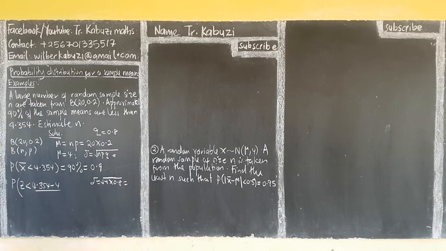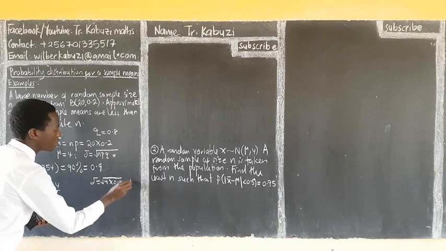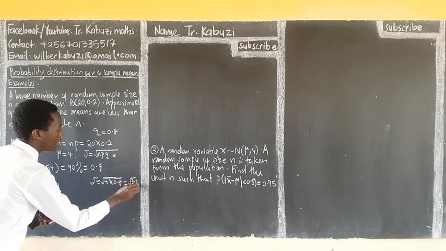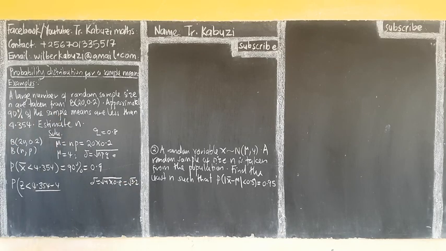So this will be 4 times 0.8, and my sigma here is root of 3.2. Then divided by the square root of n, but the whole of this is equal to 0.9.